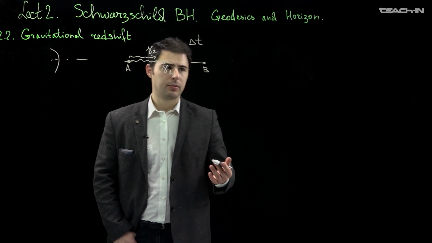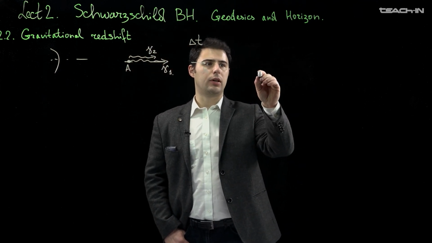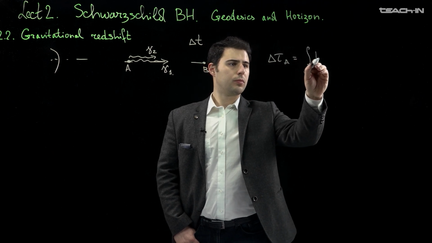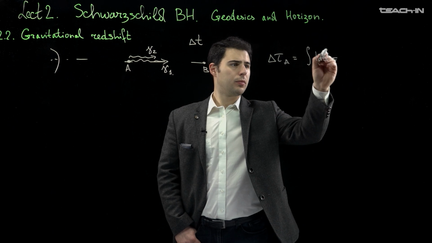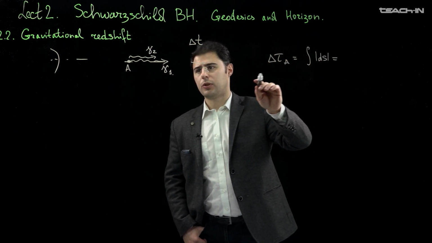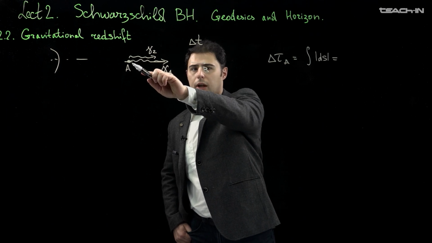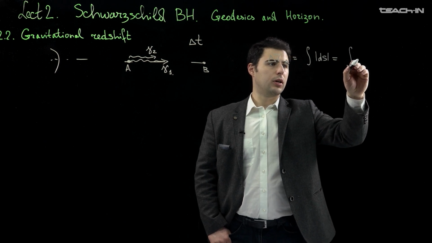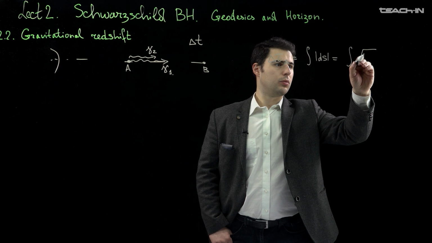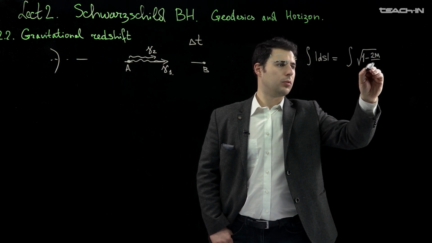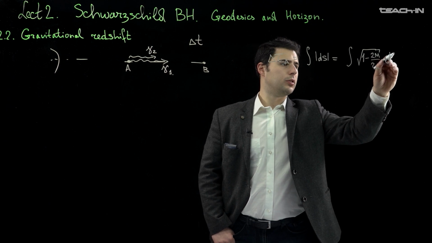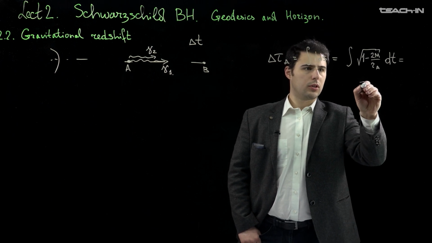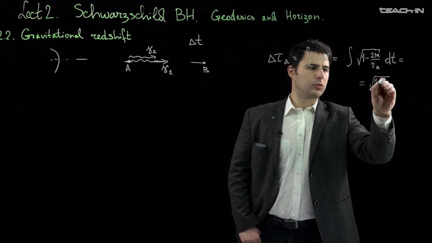We need to compute the proper time, and the proper time is defined as the interval over the world line of the observer A, which is actually nothing but the square root of 1 minus 2m over r_A, times dt. This is constant.